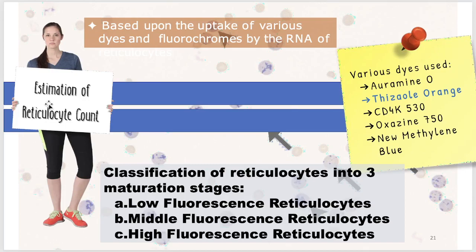So again, the purpose of your reticulocyte count, it will provide us a quantitative measure of your erythropoiesis. Remember, if you have a certain degree of anemia, then therefore your body will react on that kind of scenario. So therefore, you have to create more RBC through erythropoiesis.